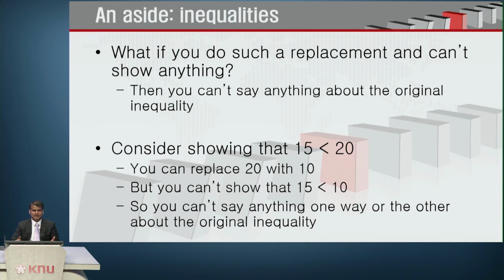In that case, you can't say anything one way or the other about the original inequality. If you want a strong basis to justify the truth of the original inequality, you should have a strong basis to show it. But in this example, since we have replaced 20 with 10, we can't say anything about the original inequality.